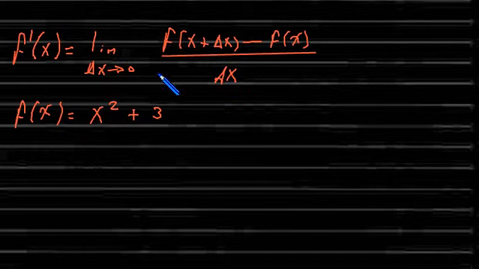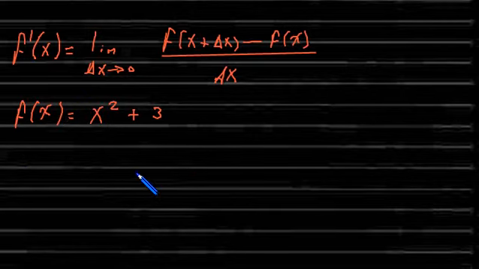Now remember that f prime of x gives me the slope of the tangent line at each point x, f of x, of the graph of the function f of x.